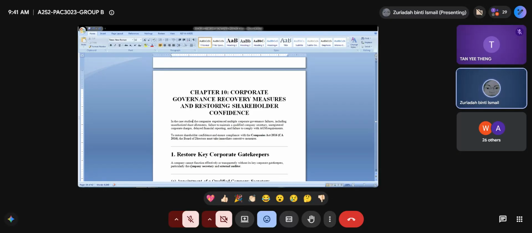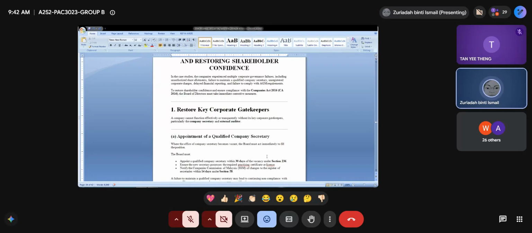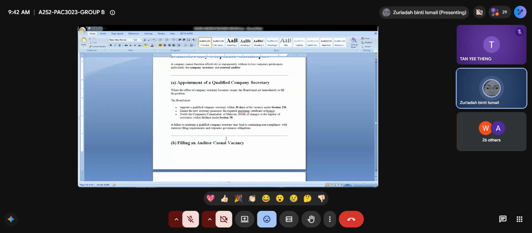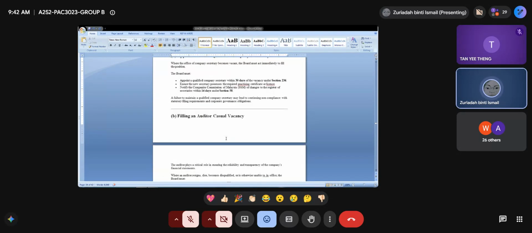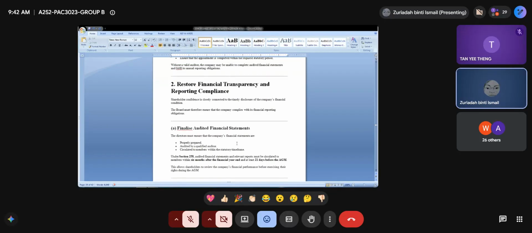The role of gatekeeper can generally be managed by the company secretary and the external auditor. So they can appoint a qualified person within the statutory period, fill the casual vacancy as soon as possible, and restore the financial transparency and reporting compliance.